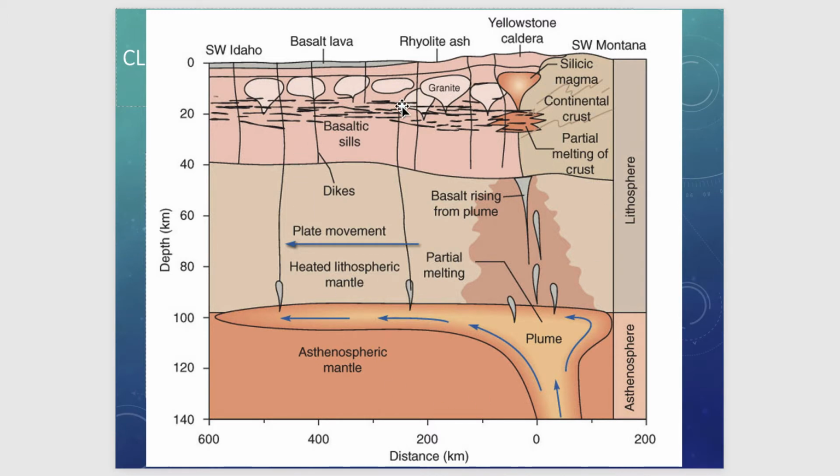So remember this dualism. Usually you have both basaltic flows but also Plinian activity in continental hotspots.